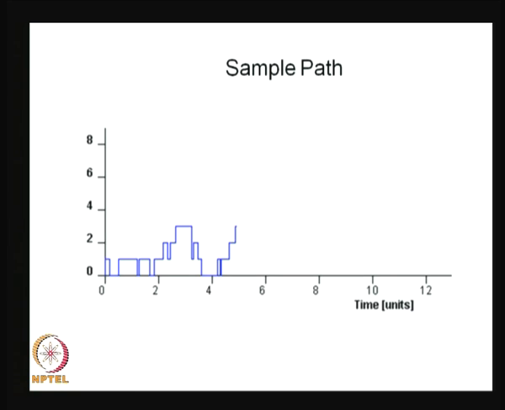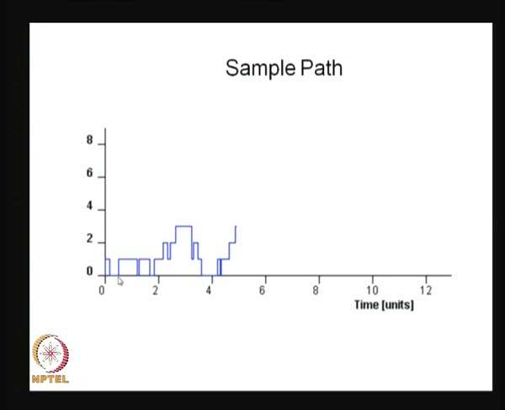So, this is a sample path. Suppose at time 0 there is one customer in the system, then service is over, then the second customer enters the system. Now the number of customers in the system is 1, and so on. So, this duration is the service time for the first customer, and from this point to this point is the inter-arrival time of the second customer entering the system, and from this time point to this time point is the service time for the second customer, which is independent of the service time for the first customer.